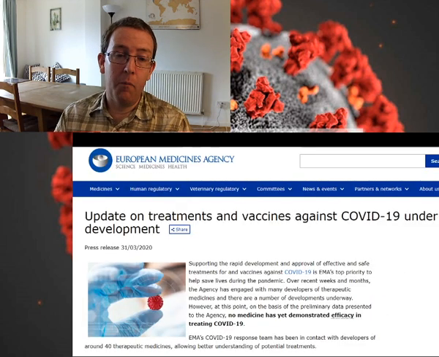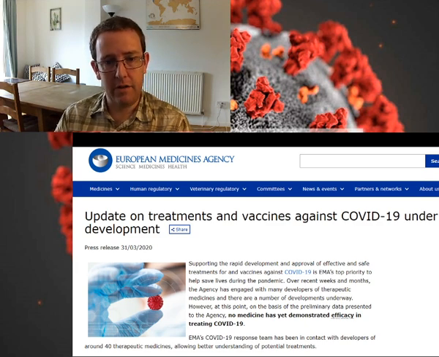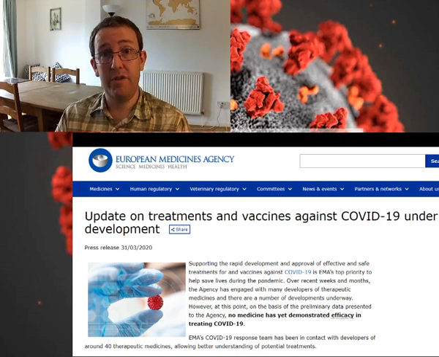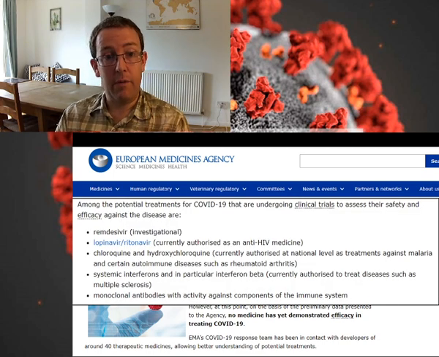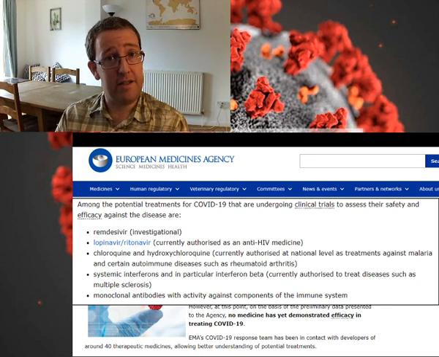So one page you can look at, again, link in the description, is the European Medicine Agency, which is listing all of the different medicines that are currently being investigated for activity against this particular virus. And there we've got a variety. There's 5 there. So these are the potential treatments, and they're undergoing clinical trials to assess their safety and efficacy against the disease. Okay.